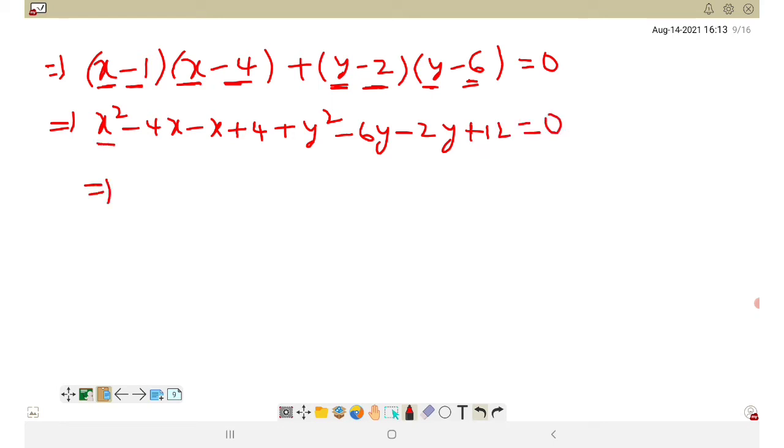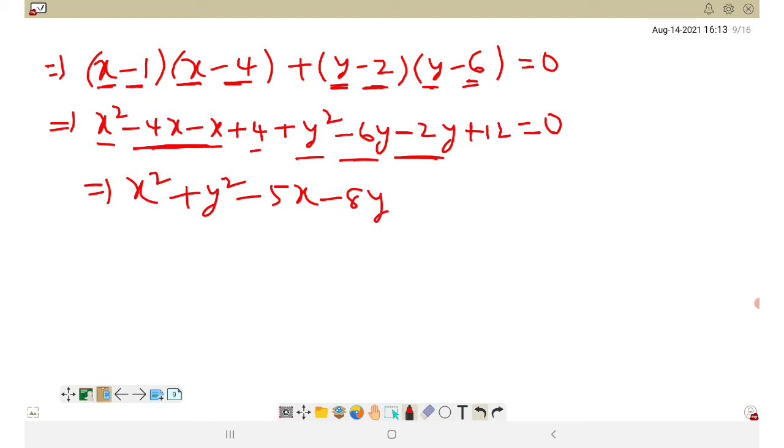So x square plus y square minus 5x minus 8y plus 16 is equal to 0. This is the required equation of the circle.